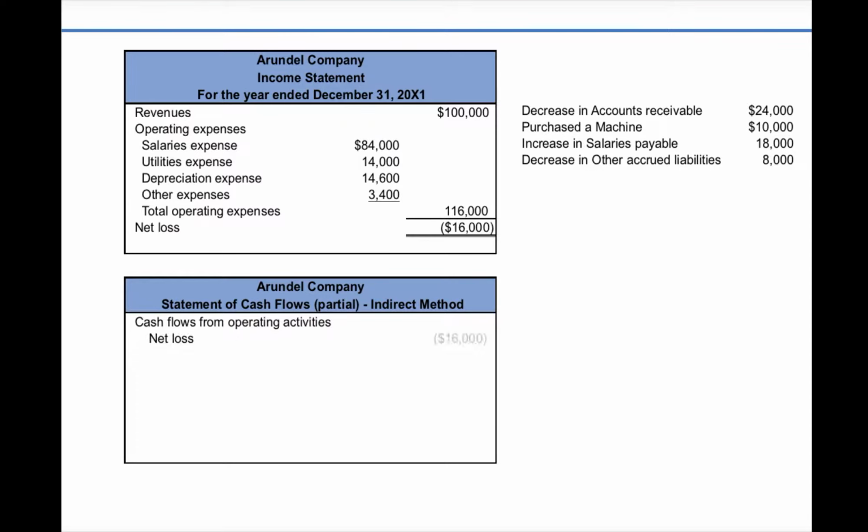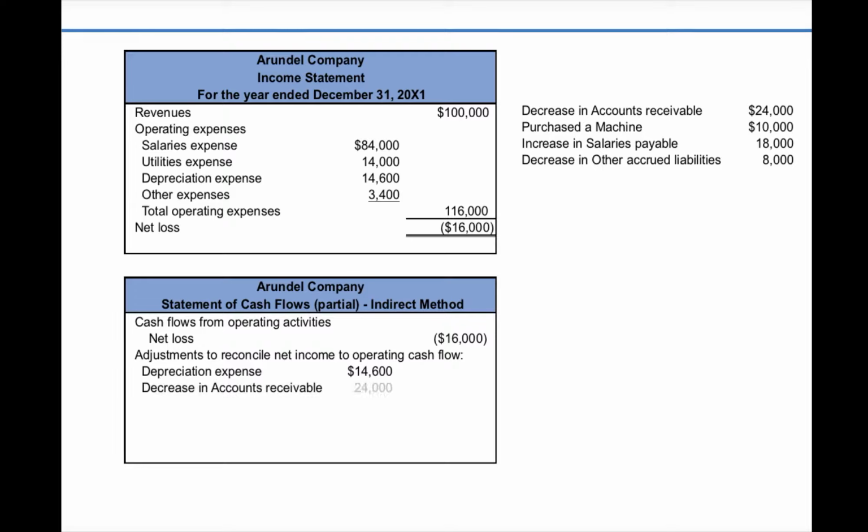And again, we start with net income or net loss. In this case, net loss. And we will reconcile and reverse out all of the items that went into the net loss calculation. But again, are basically non-cash affecting items such as depreciation expense, which we will add back in.